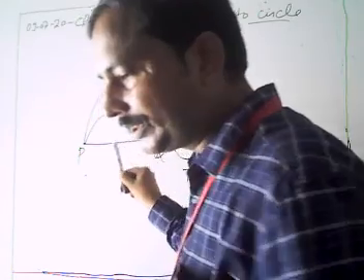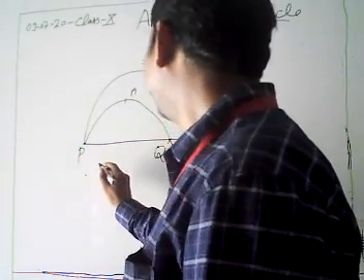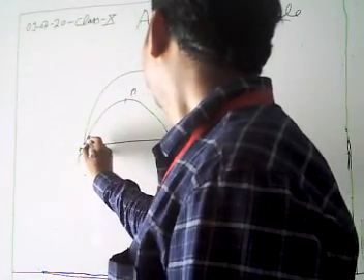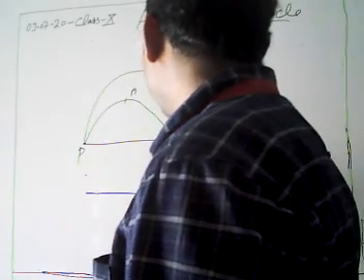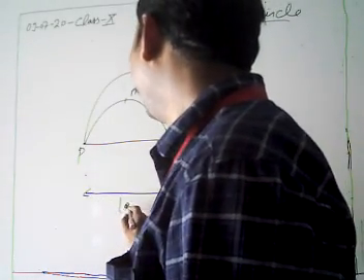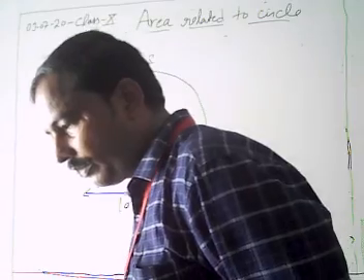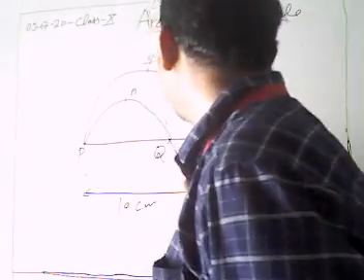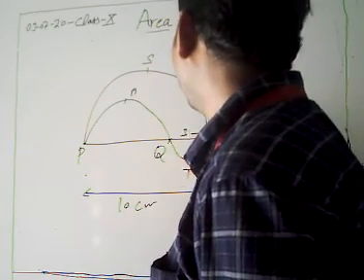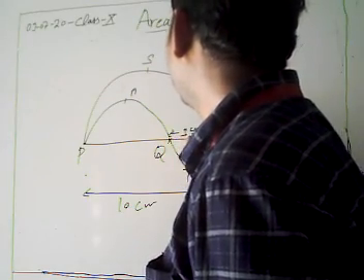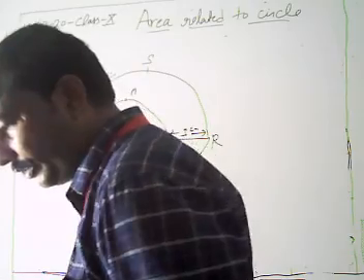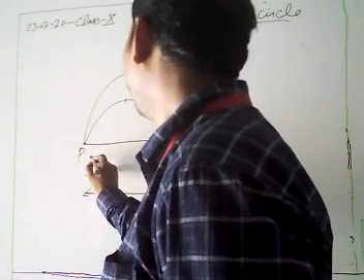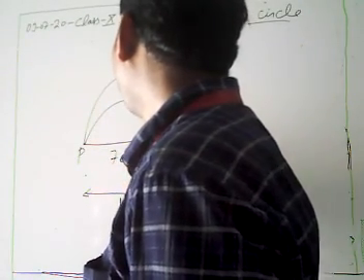The whole diameter PR is given as 10 centimeter, RQ is 3 centimeter, and PQ is 7 centimeter.